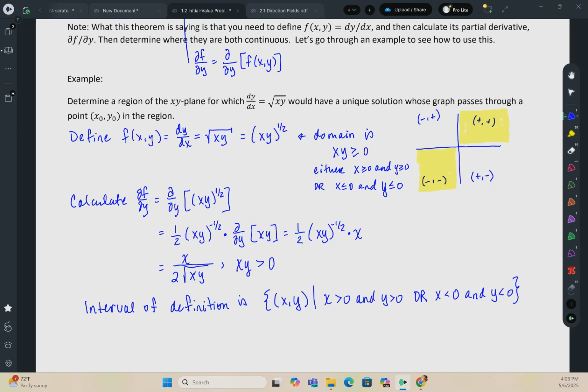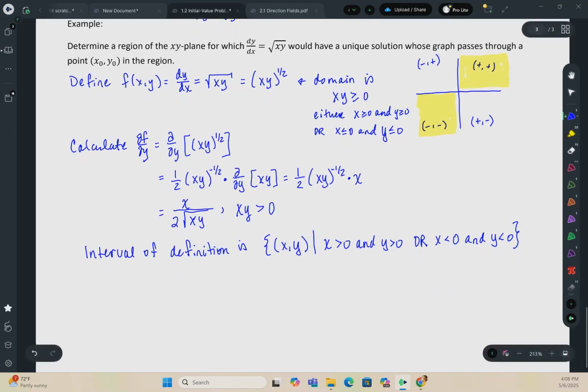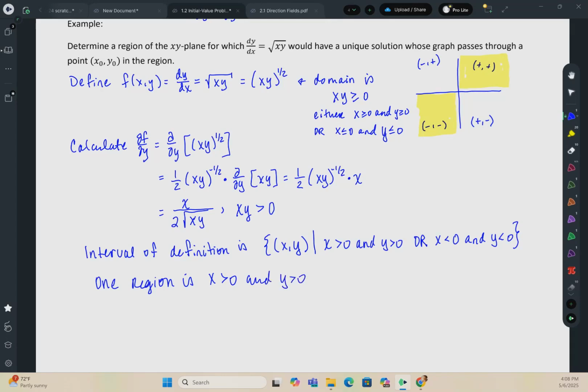This set notation isn't working very well for that, but let's write out what the possible regions are. One region is x is greater than 0 and y is greater than 0. Another region is x is less than 0 and y is less than 0.